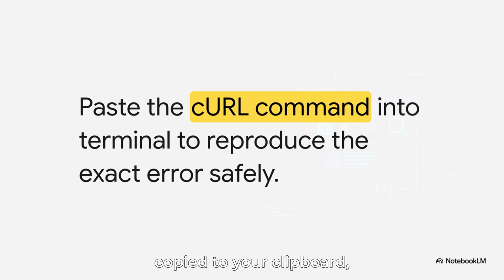With that command copied to your clipboard, you can paste it directly into your computer's terminal. And when you hit Enter, you will safely reproduce that exact 401 error entirely outside of the browser. Guys, this is massive. It unequivocally proves that the issue is with the API constraints or the authentication state. It completely rules out a bug in the front-end UI rendering code. You've isolated the problem perfectly.